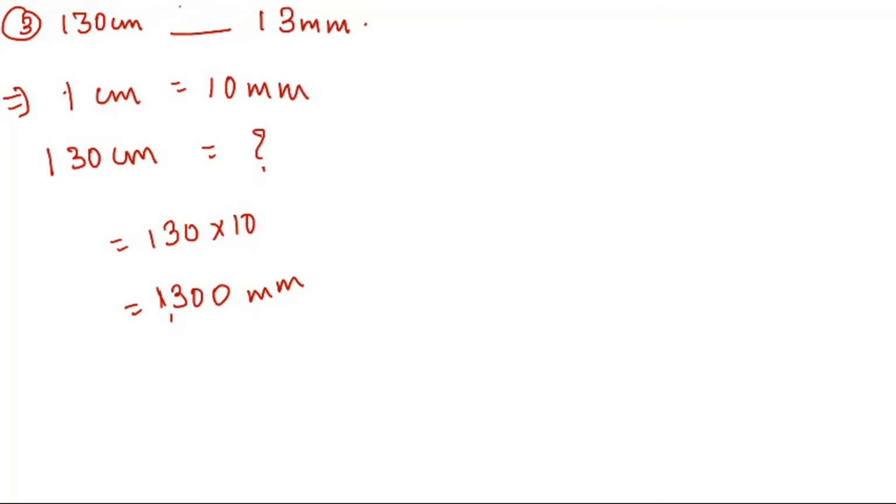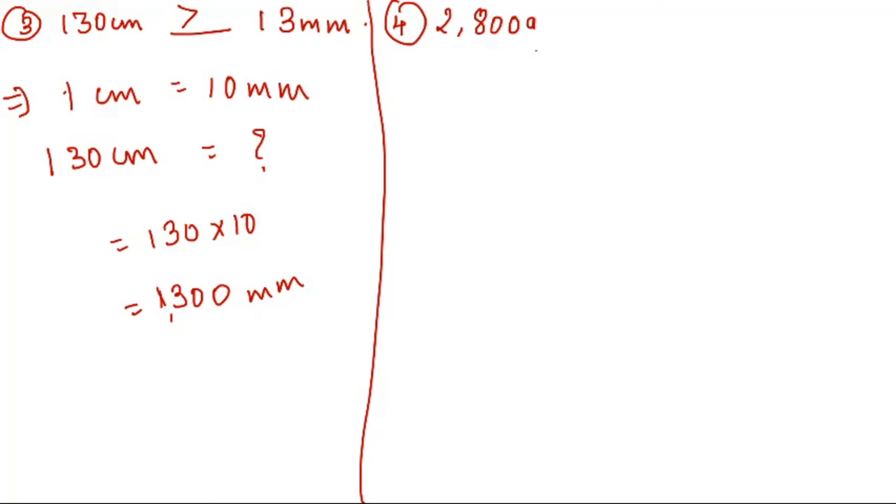Next, fourth one, 2800 grams dash 2.5 kg. Okay, 1 kg is equal to how many gram? 1000 grams. 1 kg is equal to 1000 gram. So this is your 2.5 kg. 2.5 kg is equal to how many grams?